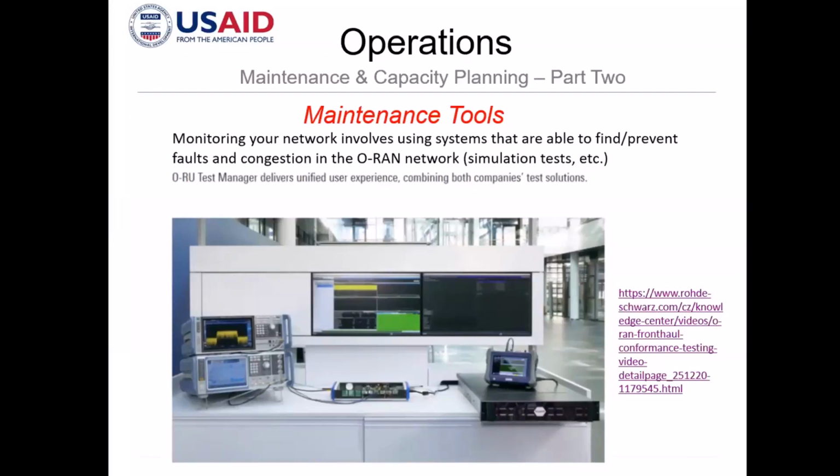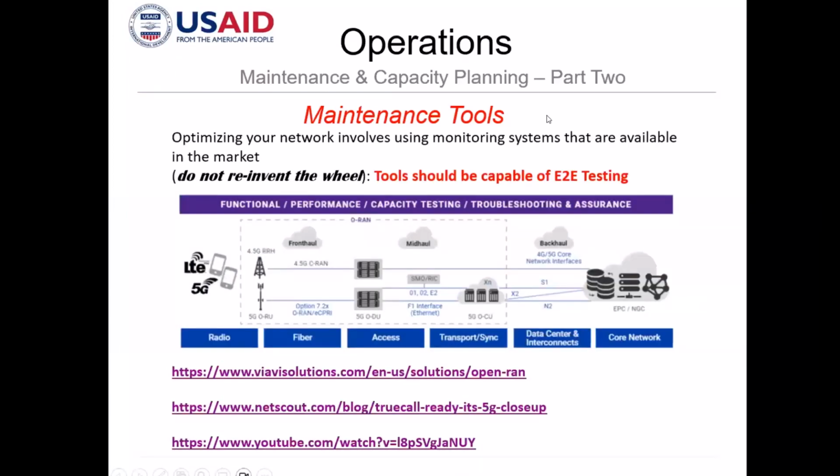So when we are doing that, we need an automated tool for us to do it, right? So what I'm saying is that we don't have to reinvent the wheel, right? There are tools available out there that are capable of doing the end-to-end testing of the whole network.